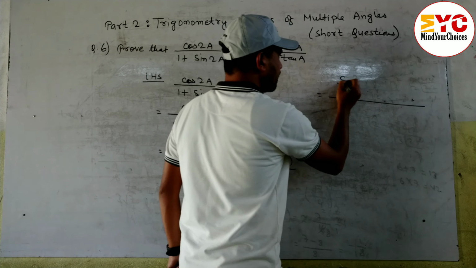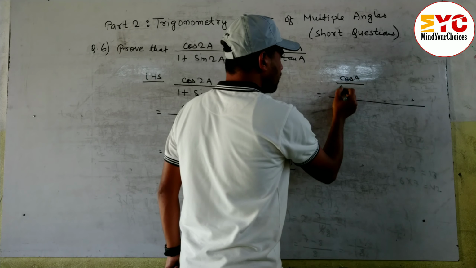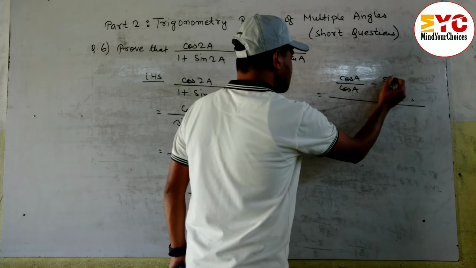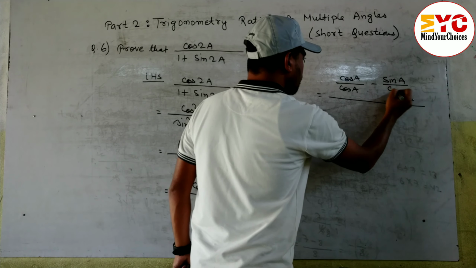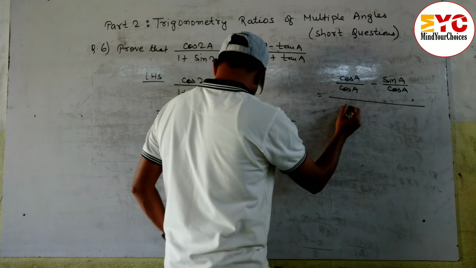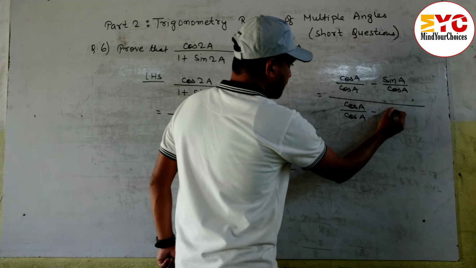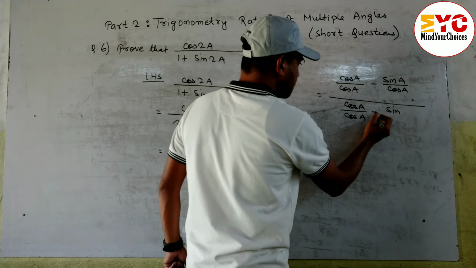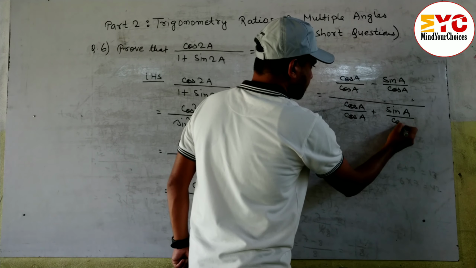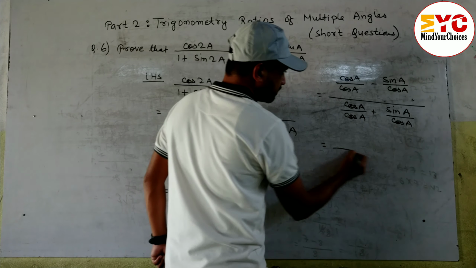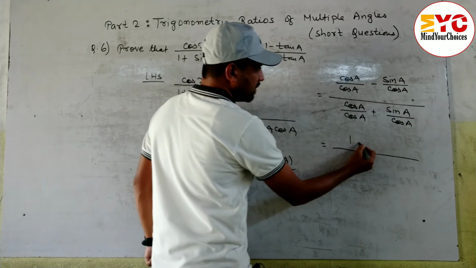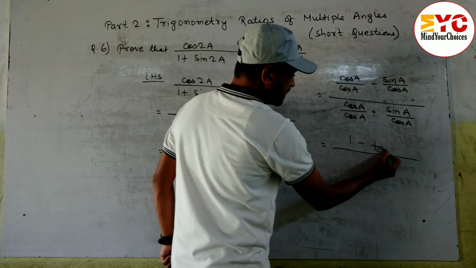So we can write cos a by cos a minus sin a by cos a. Similarly, cos a by cos a plus sin a by cos a. Now you can see cos by cos means 1, sin by cos means tan a.